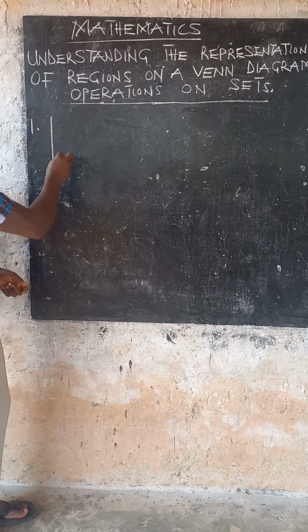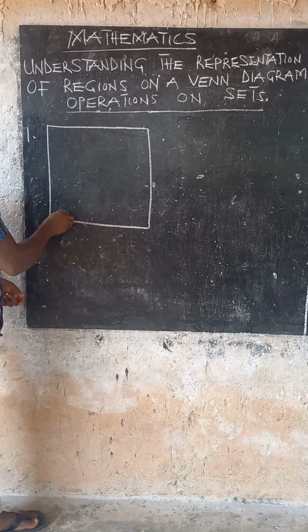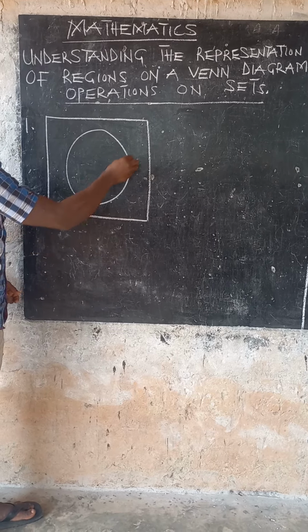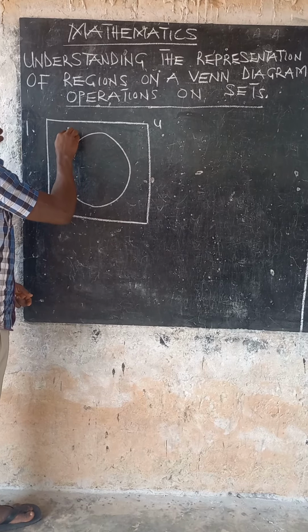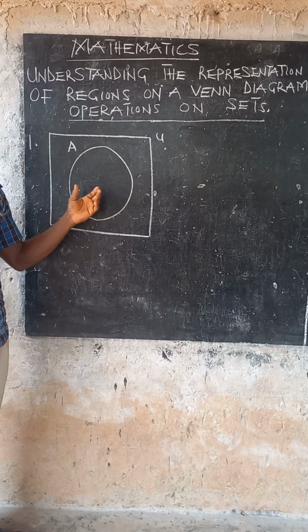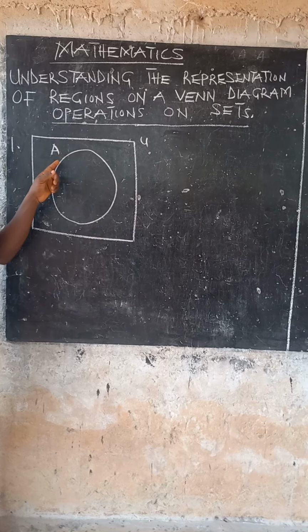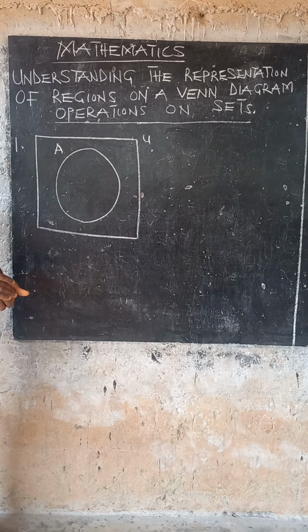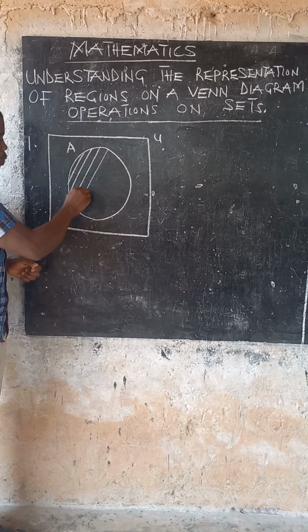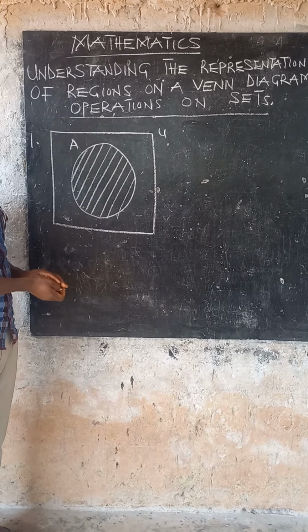Let's consider this. If you have something like this, this is the universal set, and this is a region. Let's call this region A. So region A comprises this place, where I have shaded.